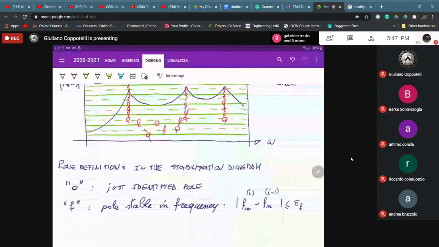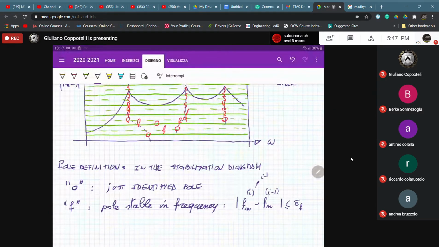So that is the ith model order, and that is the estimated natural frequency.